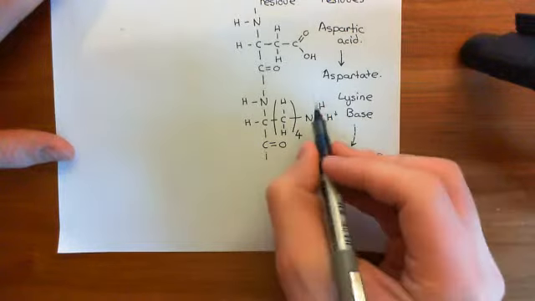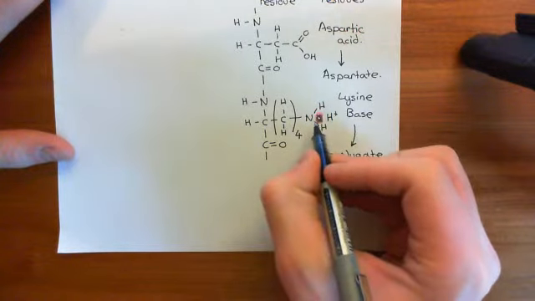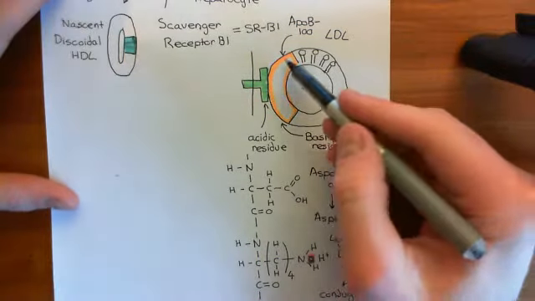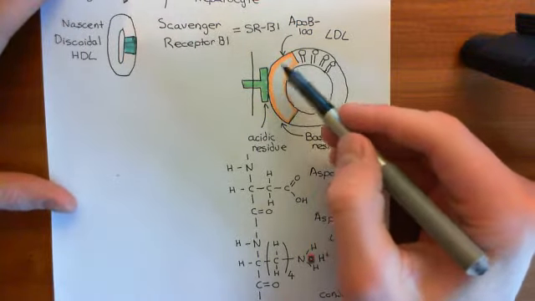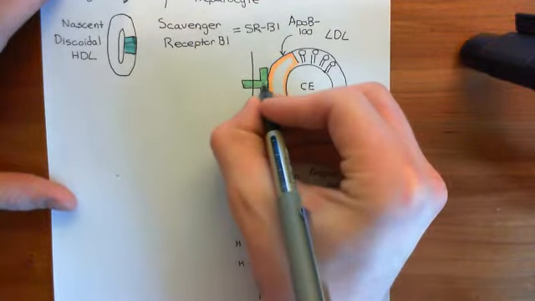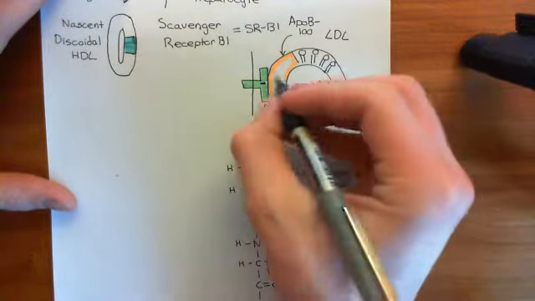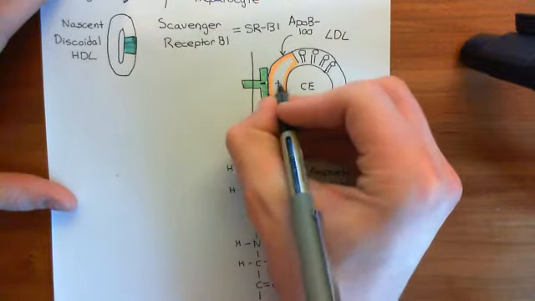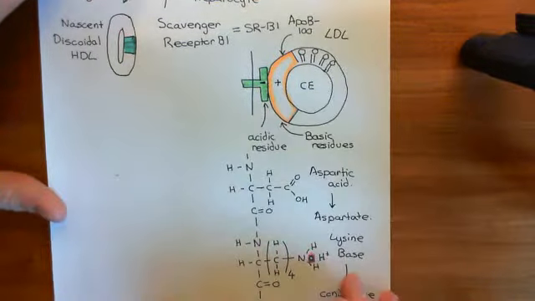Okay, right. So the important thing to understand is that if you have a whole bunch of basic residues in this apolipoprotein B100, at any one time a good fraction of those will be protonated and therefore will be positively charged. So basically the message is that the type A repeat domain of the LDL receptor will be negatively charged and the apolipoprotein B100 will be positively charged, and that's how these two interact.